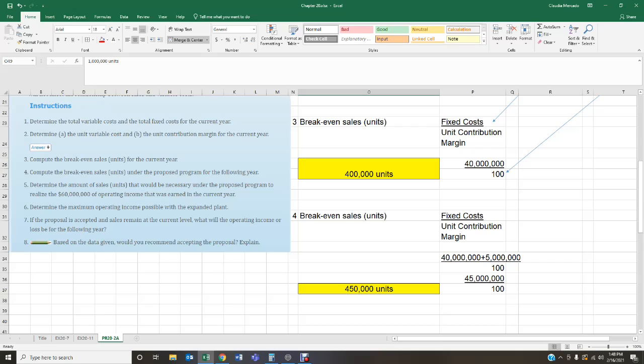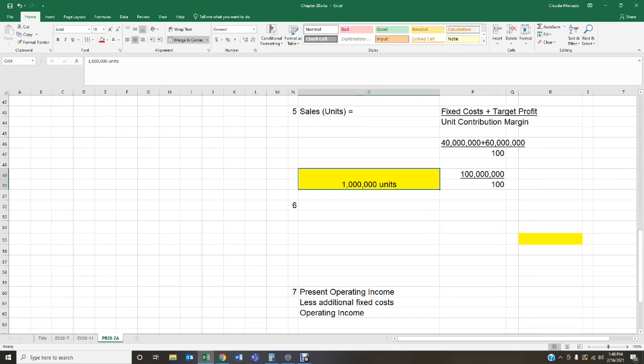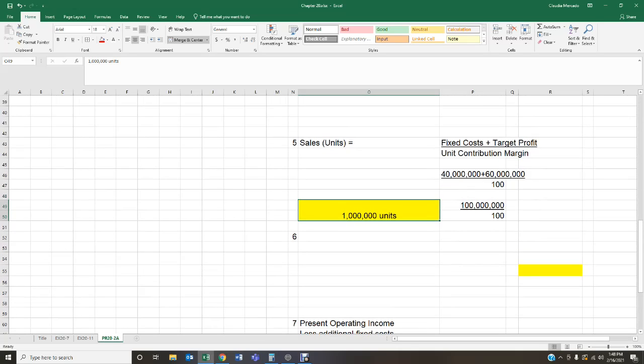So if we want to realize the 60 million income, we would have to sell 1 million units. That will cover our fixed cost and allow us to obtain our target profit, 1 million units.